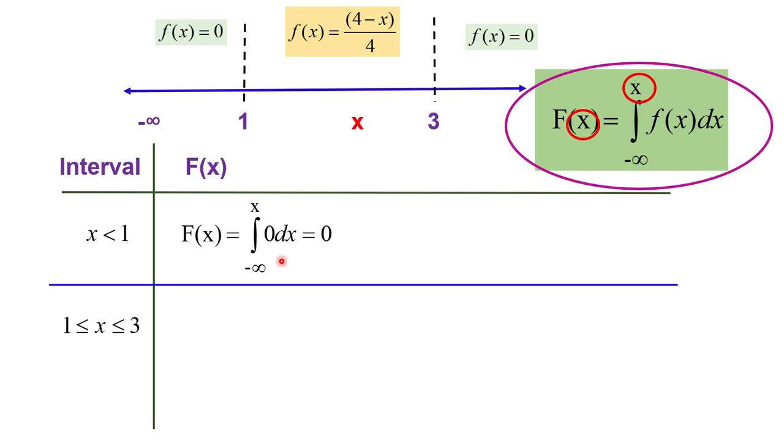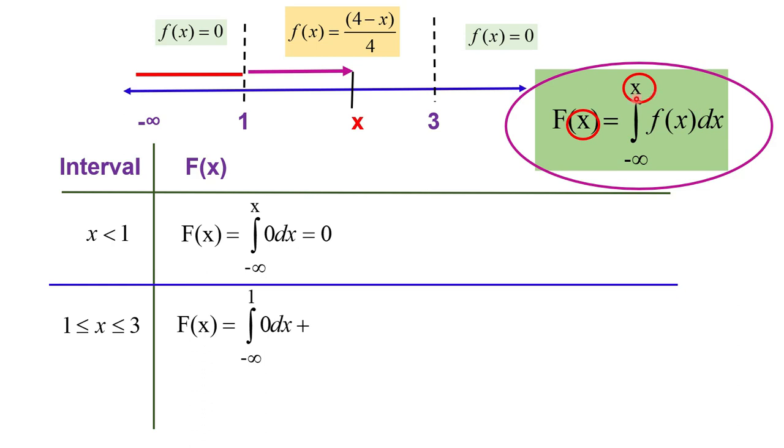Now, if x is any value more than or equal to 1, less than or equal to 3, then x is here. So how to find the CDF? You need to integrate from negative infinity to 1, and the function there is 0, so 0 dx, plus we continue from 1 to x.